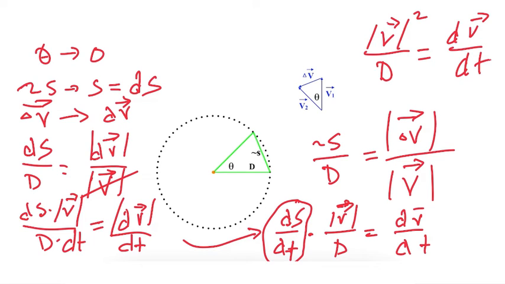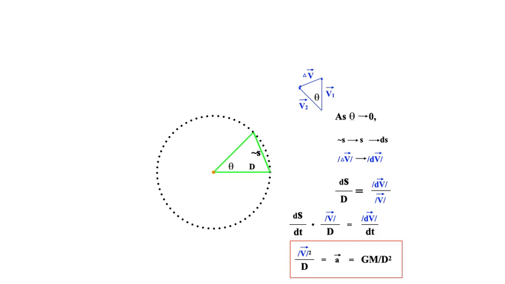But we've already shown that dv dt is constant in a circular orbit, as is d, so v must also be a constant. Long story short, we have just shown that v squared divided by d equals the centripetal acceleration, which of course has to equal the quantity g times m divided by d squared, according to Newton's law.